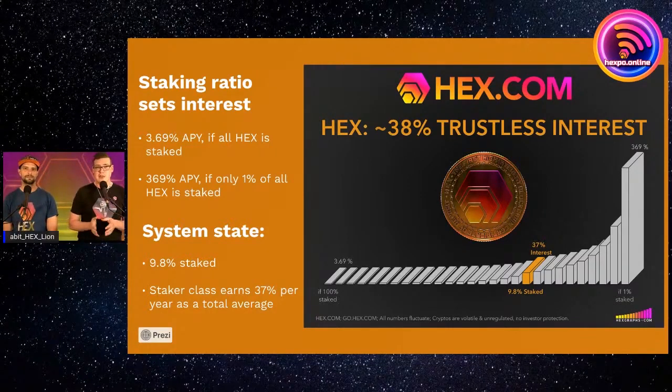And here we need to clarify a little bit, because new people are thinking, okay, if I'm over the weighted average, then I'm earning the 37% from the get-go. It's not like that, because the 37% is the average of the whole staker class, meaning all those early people who are in it since maybe 2 years or a little bit longer are included in this total average as well.